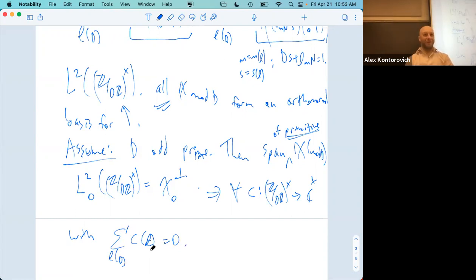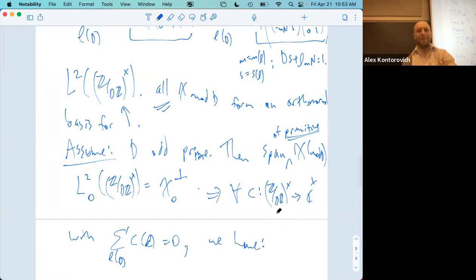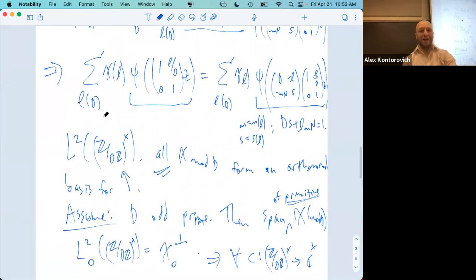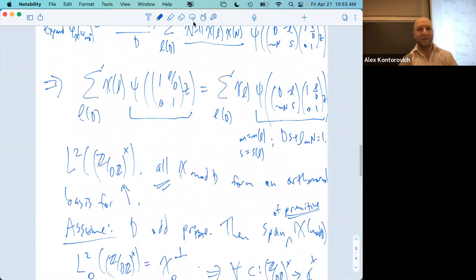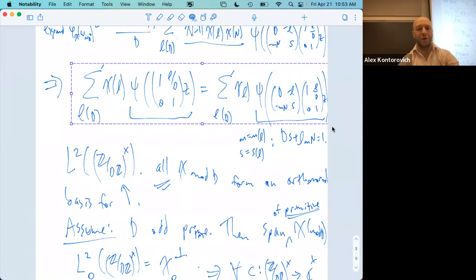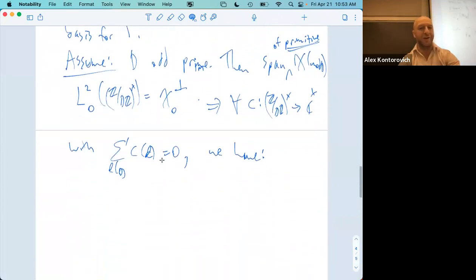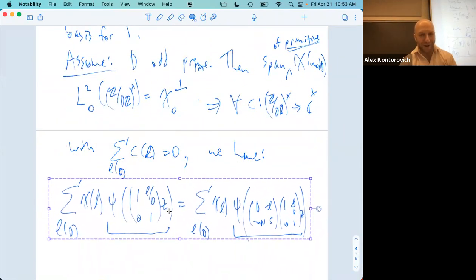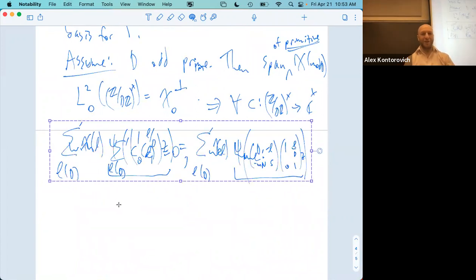That's what it means to be orthogonal to the trivial character. All the primitive characters will sum to 0. The trivial character is the only one that doesn't sum to 0. So this identity is inherited from knowing this for primitive characters. We know it for all linear combinations of the primitive characters.